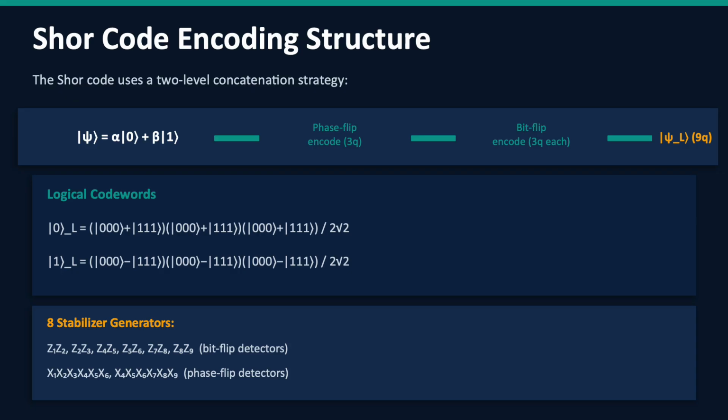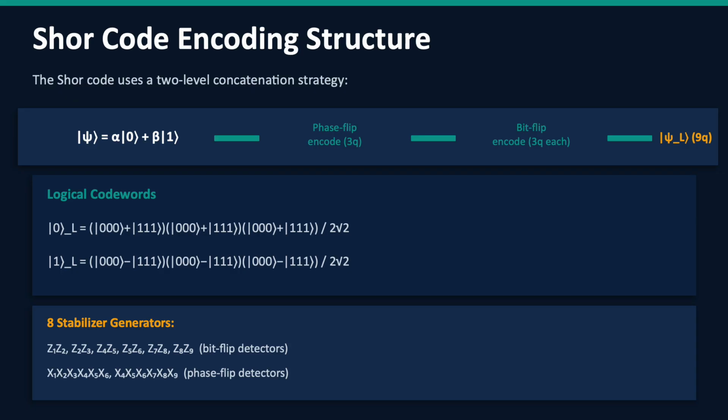To check for errors without disturbing the protected information, the system uses a set of 8 independent stabilizer checks. 6 of these checks look for bit flip errors by comparing pairs of qubits within each group. The remaining 2 checks look for phase errors by examining the relationships between the three groups.